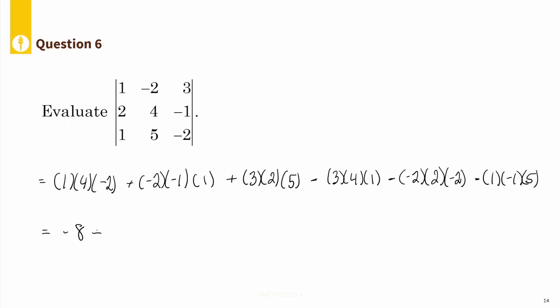-8 plus 2 plus 30 minus 12 minus 8 minus -5. -8 and 2 is -6. 30 is 24.